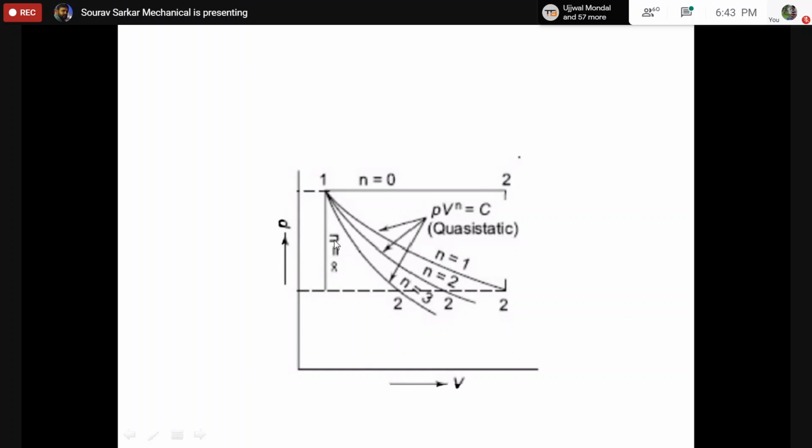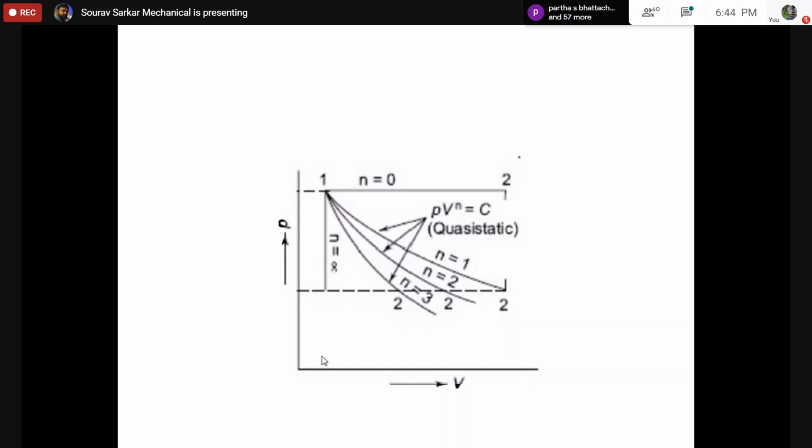And if your n becomes infinity, it will become an isochoric process. Just like the expression you already know, x to the power n plus n into x to the power n minus 1, this is the general expression of binomial expansion. You have already done it, x plus y whole to the power n.